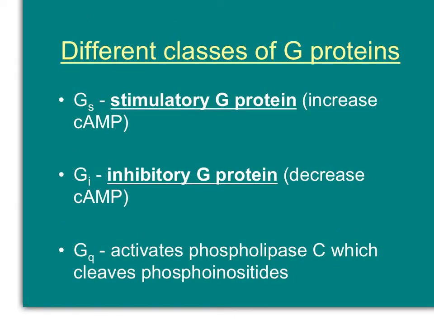So G protein coupled receptors, what does the actual receptor look like? A snake. What's the other name we call those? Serpentine. It's a 7-pass transmembrane protein.